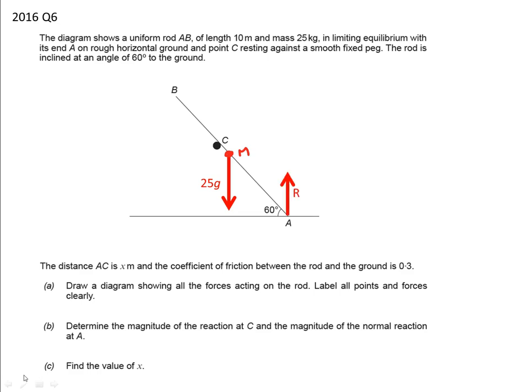We're then, at A, going to have the contact forces between the rod and the ground, and that will consist of a normal reaction R together with a frictional force which is opposing the slipping of the rod.